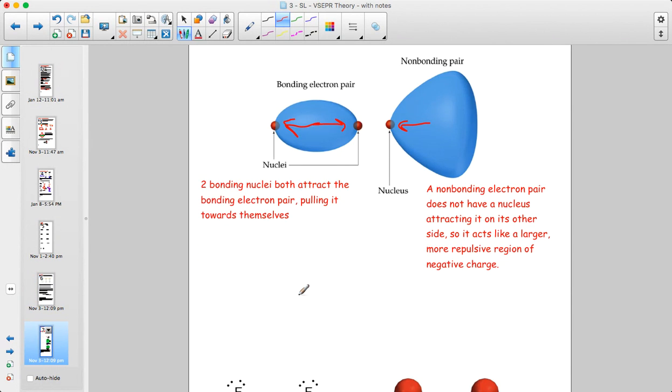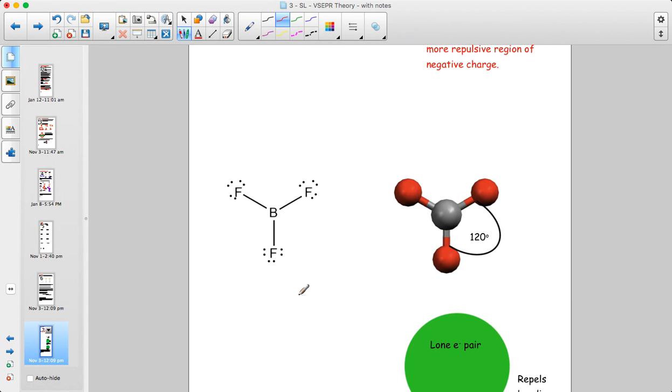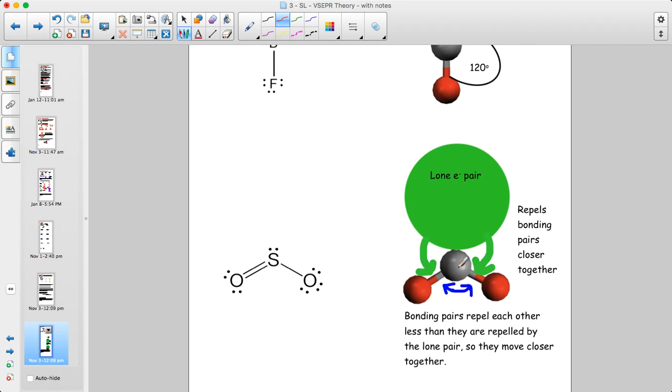And so when we bring that into the concept of bond angle, when you have a Lewis structure where all of them are bonding pairs, then they repel evenly and all the angles are 120. But if you have a lone pair, like in the SO2 example we've looked at, the lone pair has more repulsion on these bonding pairs, these sticks here. These are the bonding pairs of electrons.